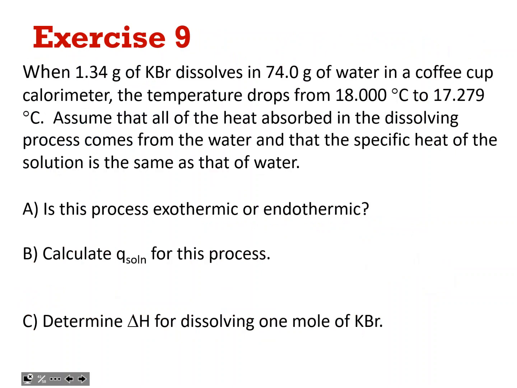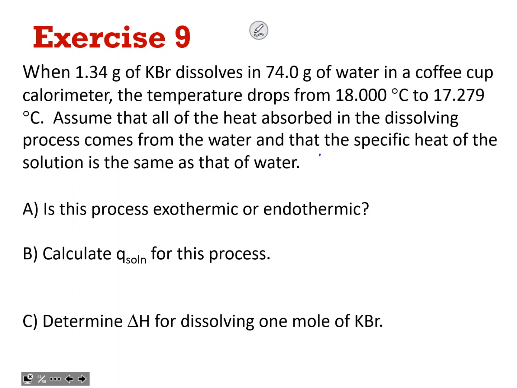Now, for example, this is a dissolution process. We're taking some potassium bromide and dissolving it in water. And we end up looking here, the temperature drops from 18 to 17.279. Okay, assuming that all of the heat absorbed in the dissolving process comes from the water, and that the specific heat of the solution is that of water.